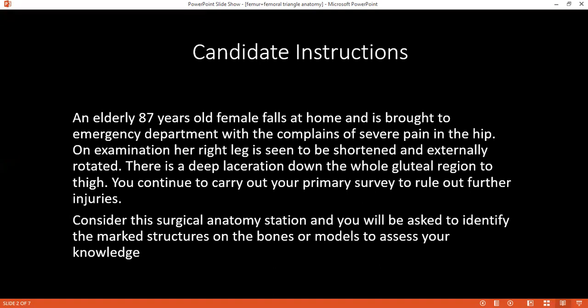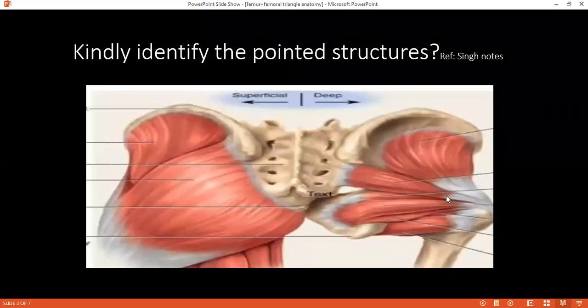Here is your question. So if you have read and understood, considering this is a surgical anatomy station, kindly tell me if you identify the region, please. Yes, it is the gluteal region. Why does it have superficial and deep written on it?